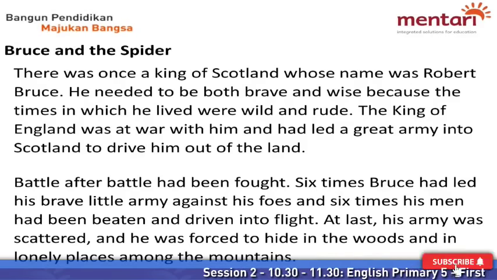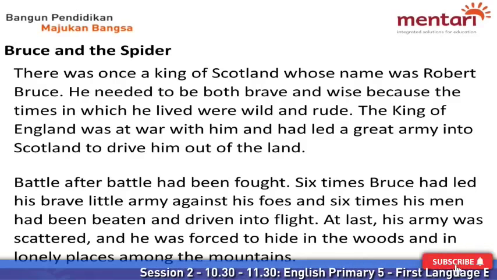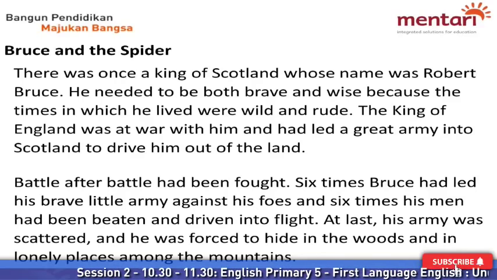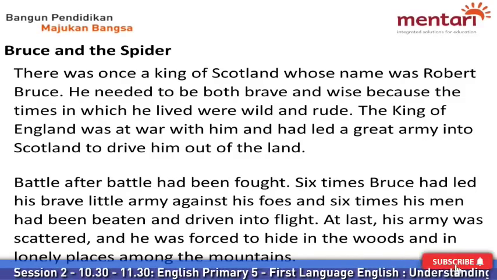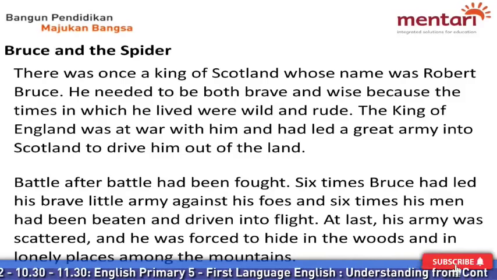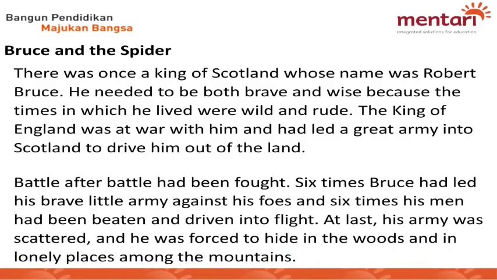Battle after battle had been fought. Six times Bruce had led his brave little army against his foes, and six times his men had been beaten and driven into flight. At last, his army was scattered, and he was forced to hide in the woods and in lonely places among the mountains.